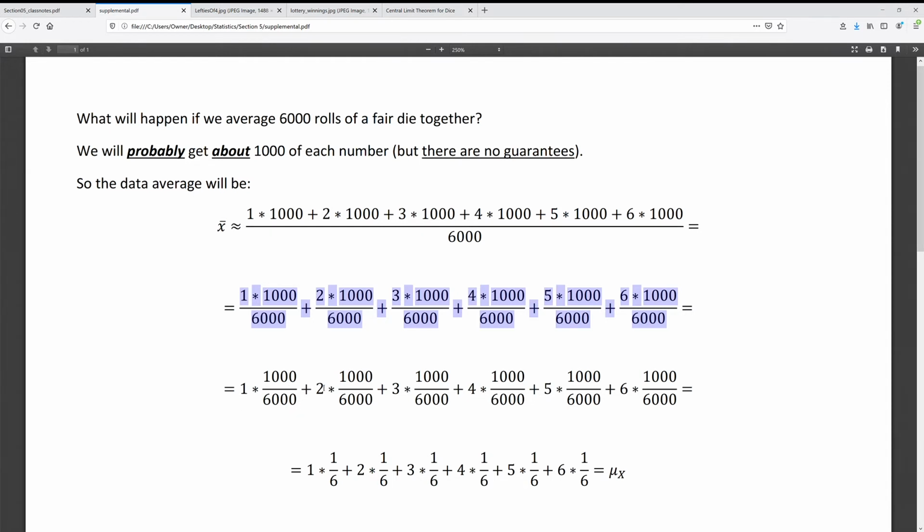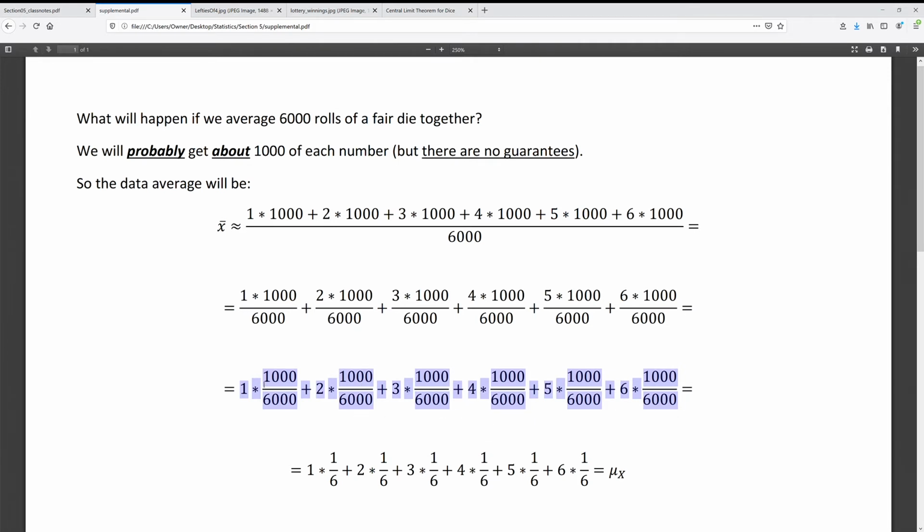Let's take a less generic possibility. 2 over 1 times 1,000 over 6,000. You multiply the tops, you multiply the bottoms, right? So I can go the other way. I can physically pull the 1 off to the front. So it's 1 times 1,000 over 6,000 plus 2 times 1,000 over 6,000, and so on.